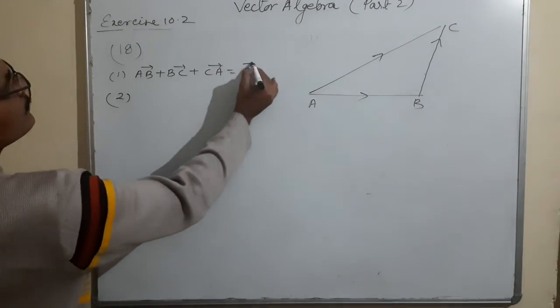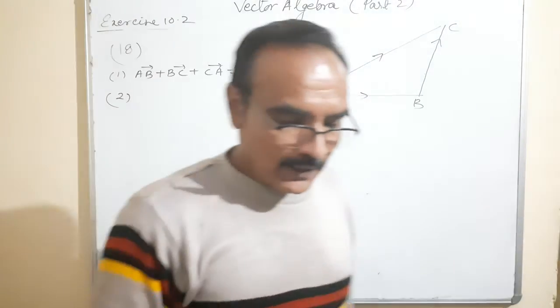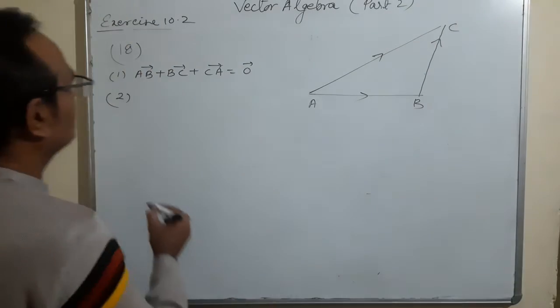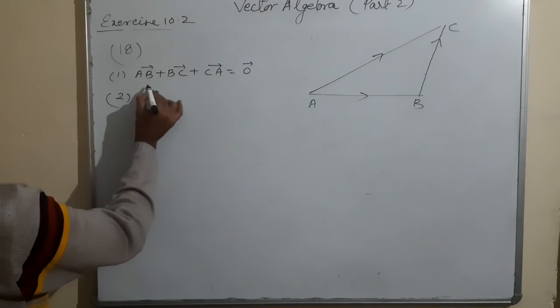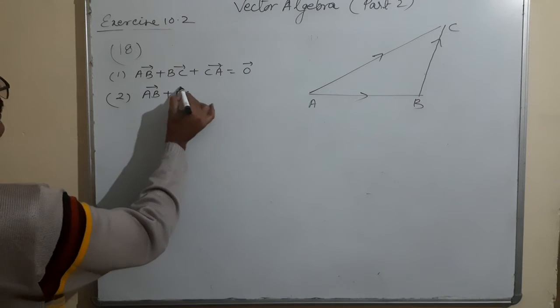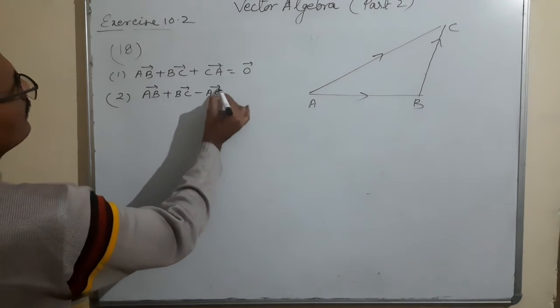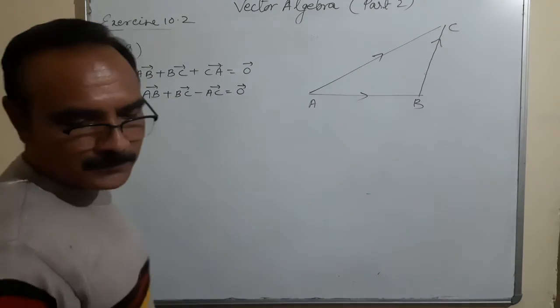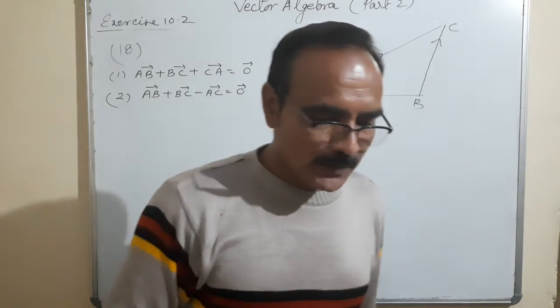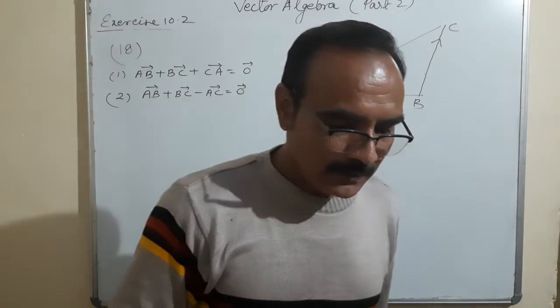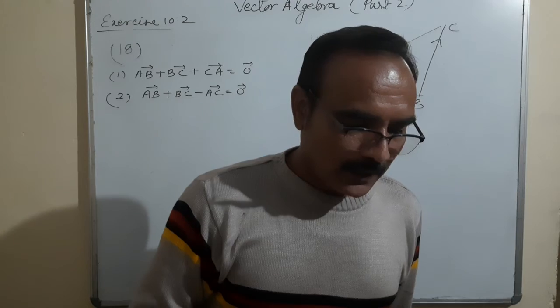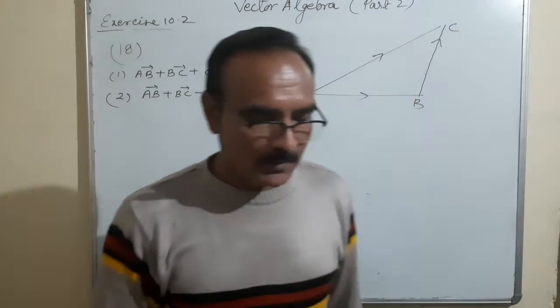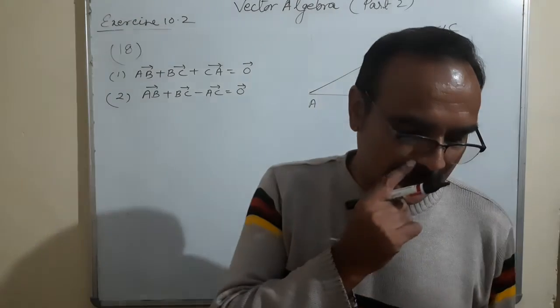Second one is AB plus BC minus AC, zero vector. Third one is AB plus BC minus AC, the same thing is given.